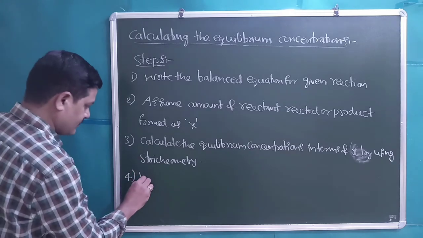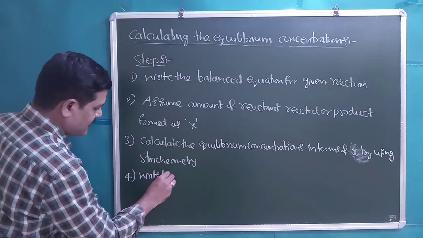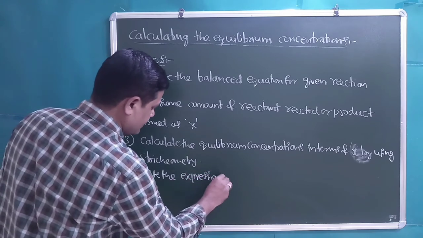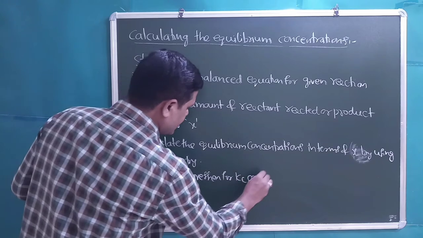Fourth step is write the expression for Kc or Kp.